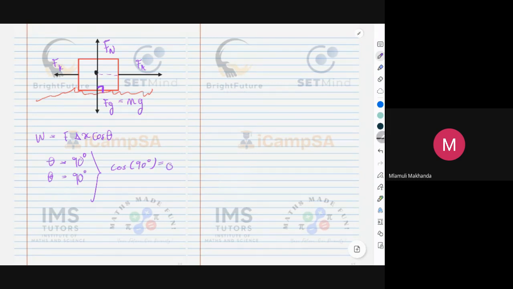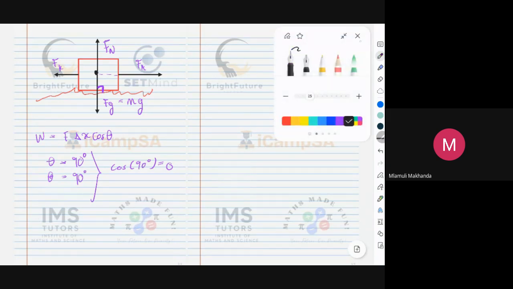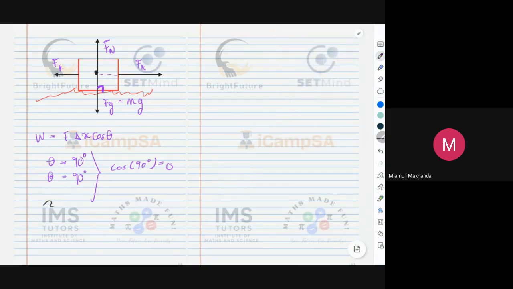It's equal to 0. Hence, we are saying the work done by the force of gravity and the work done by the normal force is 0. So if we were to calculate work done by the normal force, we would say F normal, our displacement, and then cos 90. All this will be multiplied by 0, hence we would have a 0.